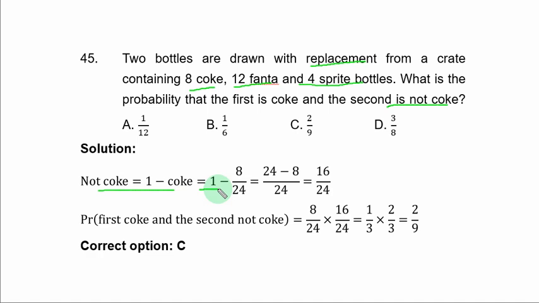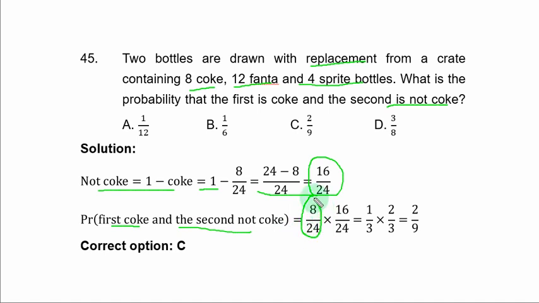You write 1 as over 1. You find the LCM. You have 24 minus 8 over 24, and that is 16 over 24. Now, the probability that the first is Coke and the second is not Coke: "and" indicates the multiplication rule. For Coke you have 8 over 24.